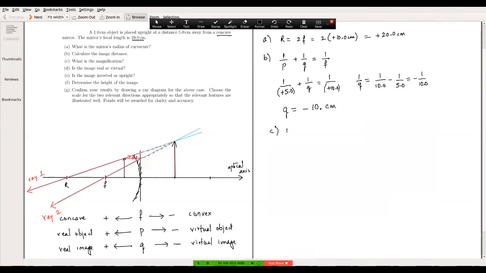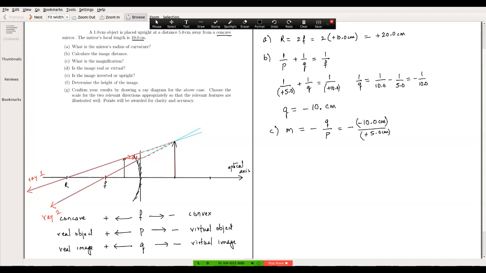Part C, what's the magnification? Magnification is the negative of the ratio of the image distance to the object distance. So that's negative of image distance, which is minus 10 centimeters, over the object distance, which was plus 5 centimeters.